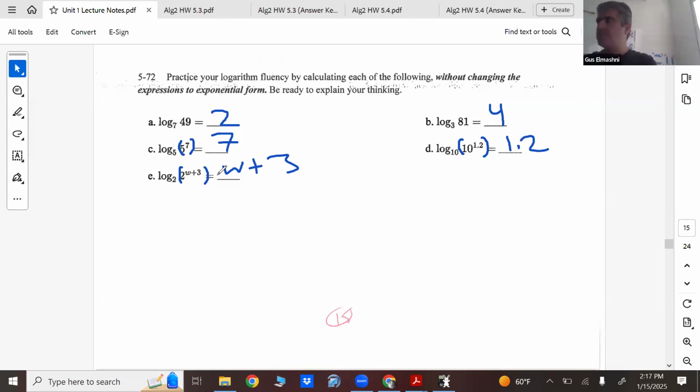So the number that we write after the equals sign, that's the exponent. Correct. It's almost like the base and the input knock each other out, and the exponent becomes your answer.